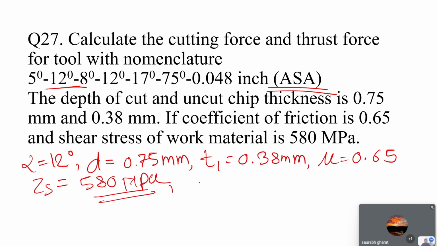We have to find out F cutting and F thrust.